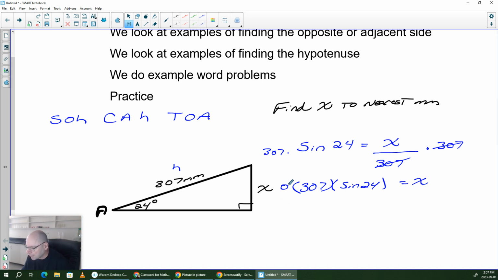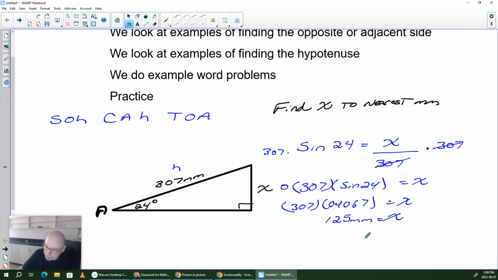So this is 307 times sine 24. I get 0.4067. Then I multiply that number by 307, and I get 124.86. So I'm going to go 125 millimeters.